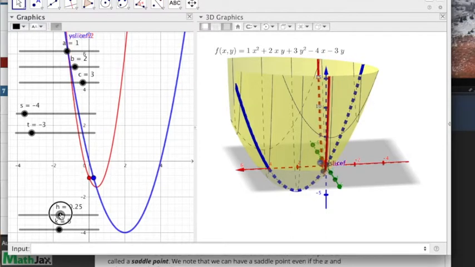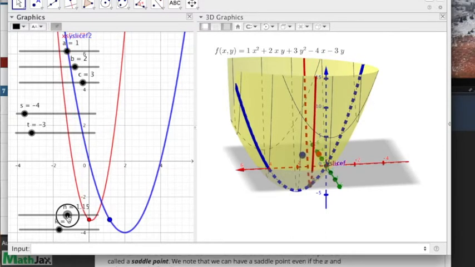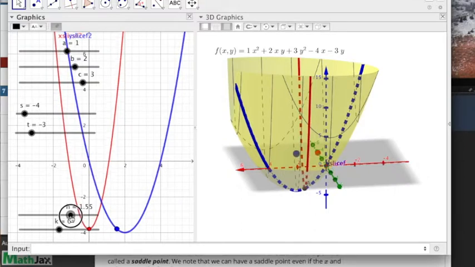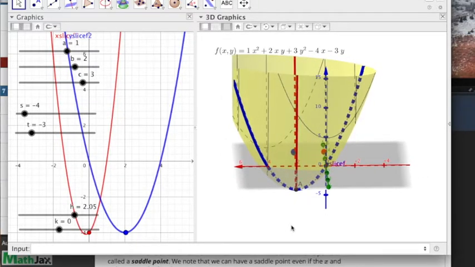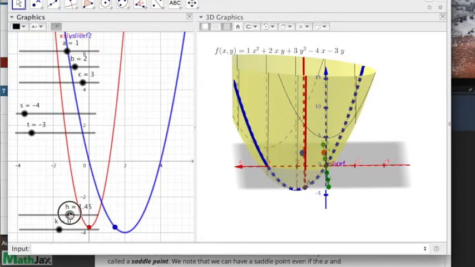So what I'm going to do is play with the point a bit until I get it where it looks like it's a minimum in both cases. I'm going to take it and turn it sideways and just play with it a bit.